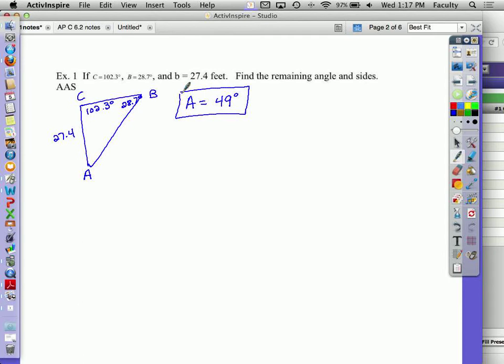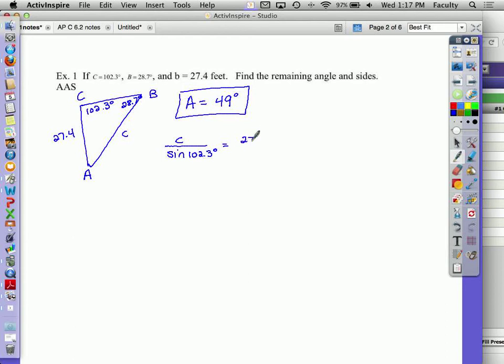Now, with this, if I start with the givens, I could find side C first. So notice what I mentioned is it depends on what I'm looking for as to which way I set up my law of sines.